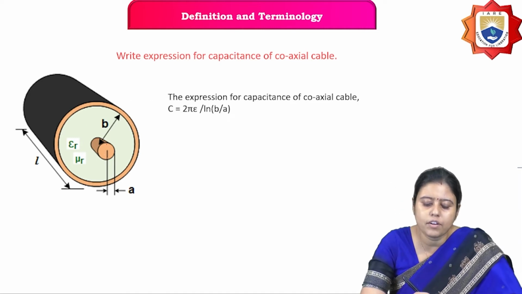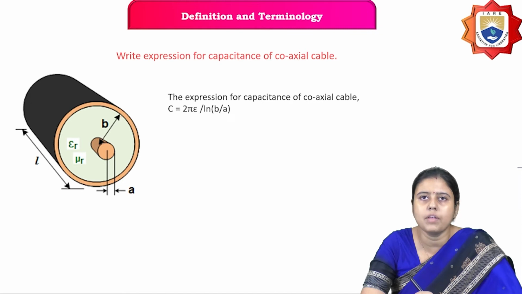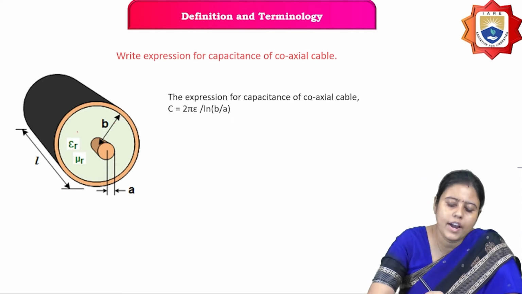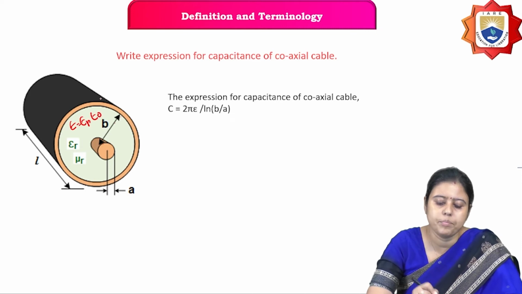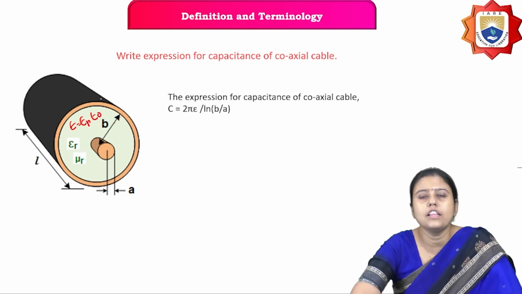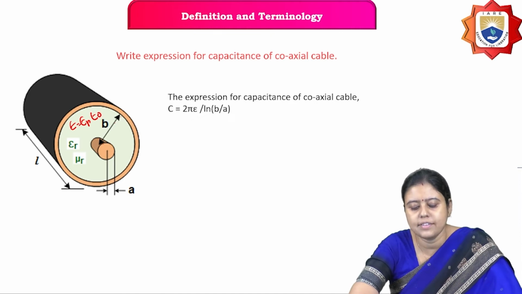The inner cable's cross-section radius is a, the radius of the outer one is b, and epsilon is the permittivity of the medium, where epsilon is equal to epsilon r into epsilon 0. The length of the capacitor is given as L.